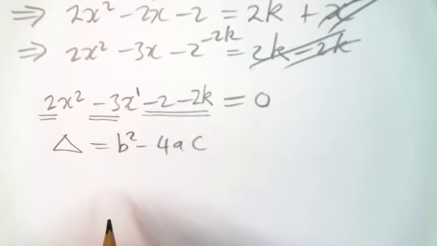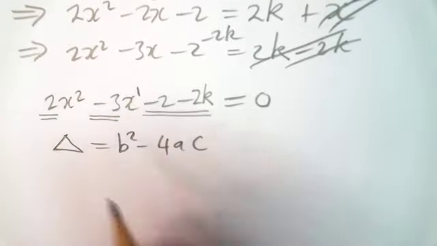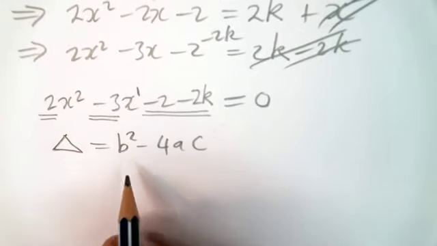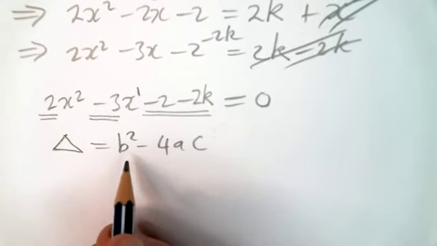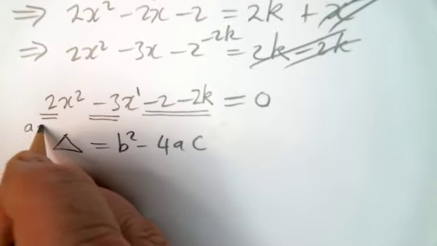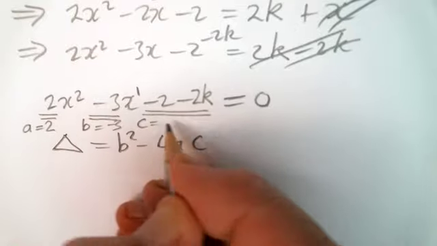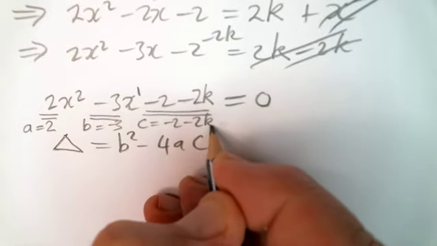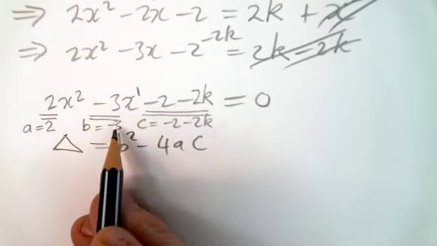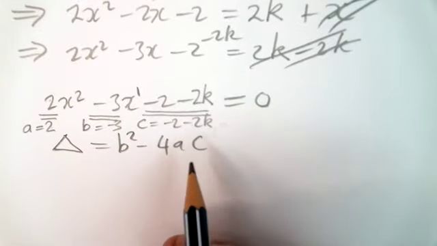Same thing. We use this abbreviation. Now, let's substitute some values in here. I know that a is equal to 2, and b is equal to -3, and c is equal to -2 minus 2k. In other words, these are the coefficients of the x values.